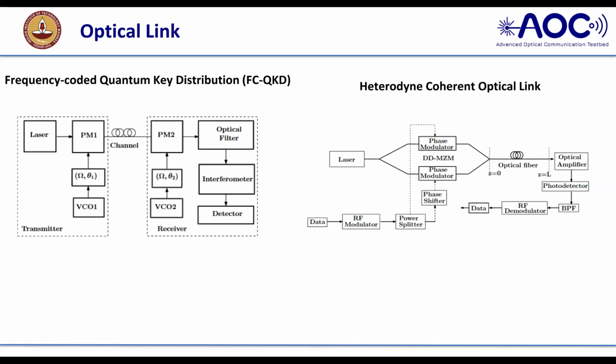which we can use here for SSB modulation, single sideband modulation. And this is the optical channel I am using. I am using an optical amplifier, a photodetector, and after the photodetector a band-pass filter, and then we receive the data. What we want to say here is that I am treating everything as quantum. So we assume the laser is already treated as quantum, but how does the output come in the quantum picture?